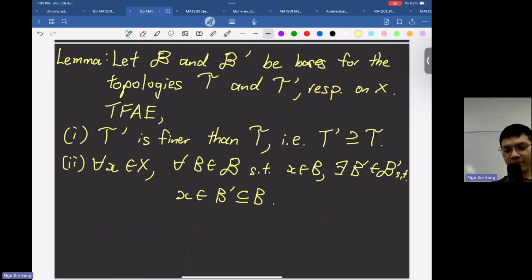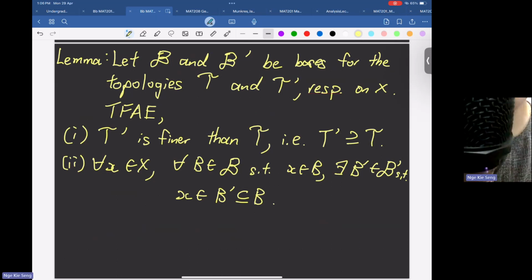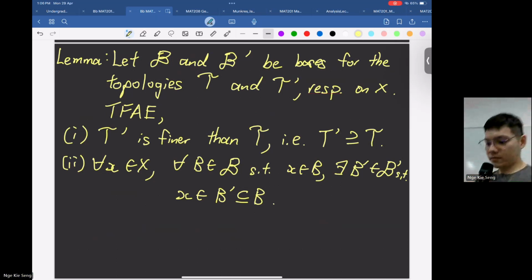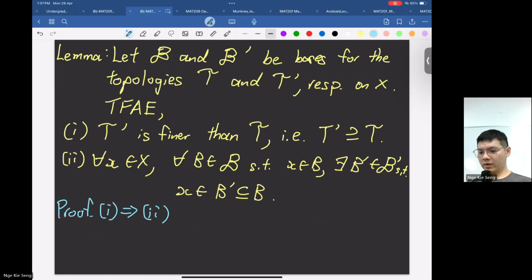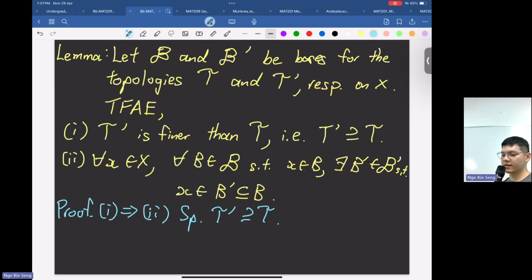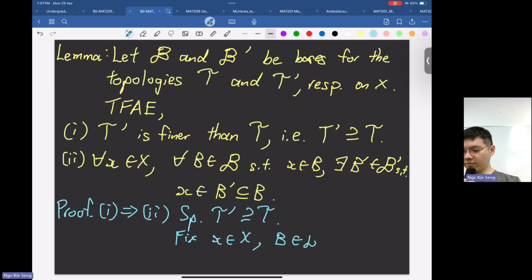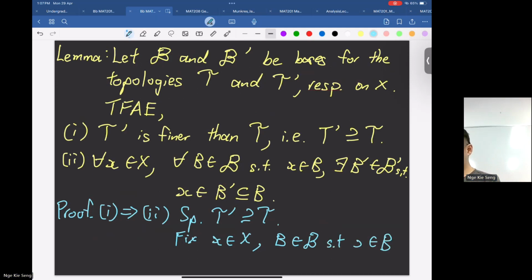Okay, so we'll try to show this TFAE here. So let's try and prove it. Let's go from 1 to 2. First we suppose that T prime contains T. We want to produce the second statement, so you need to fix some x and some basis element B, such that this basis element contains x.